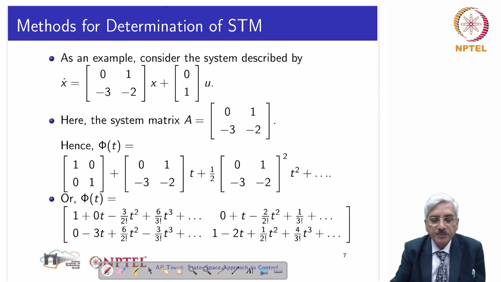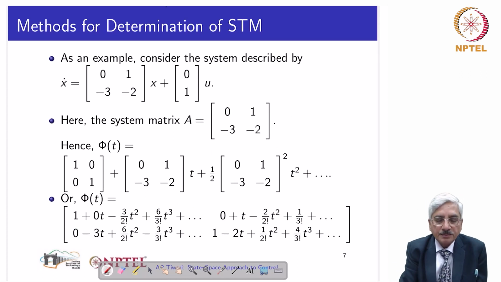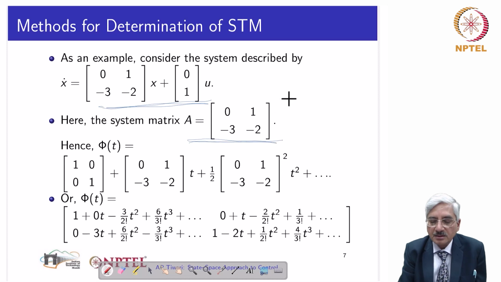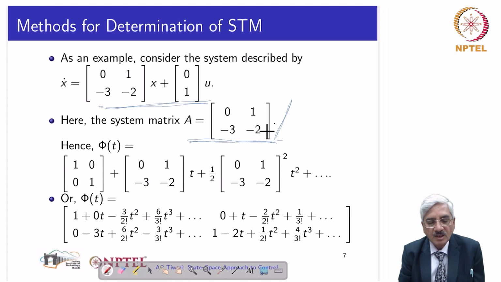We come to the example. We take this system in which the system matrix A is this. It is available in the companion form here, 0, 1, minus 3, minus 2.